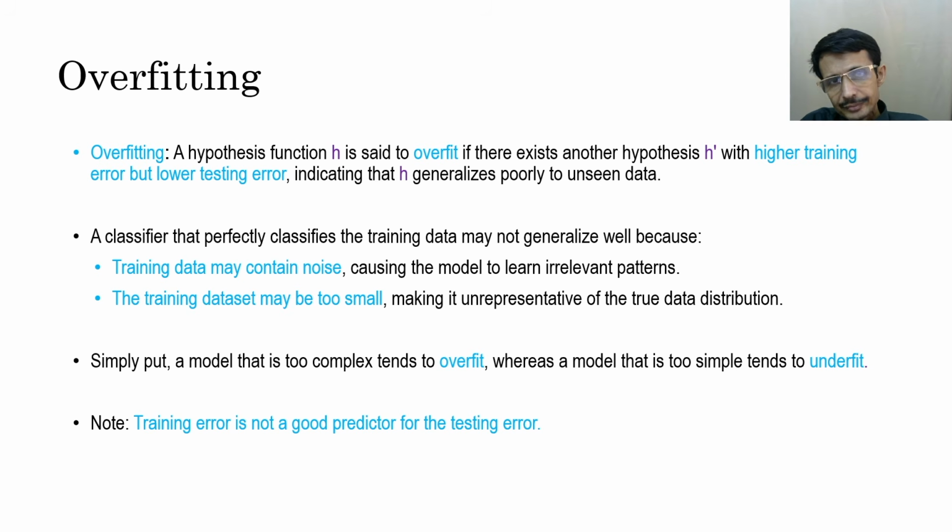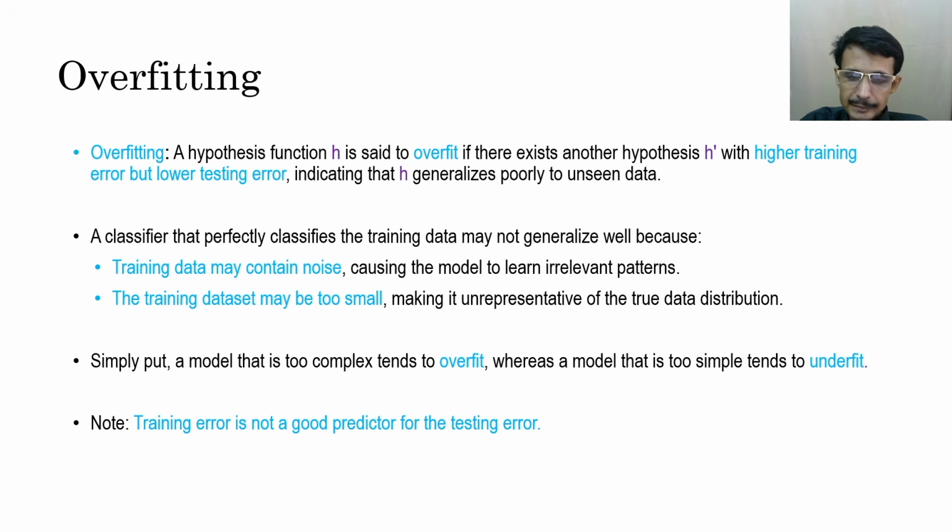So one thing we understand here is that the training error is not a good predictor for the testing error. That means if your classifier is performing very well on the training data, it may not perform similarly well on the testing data.